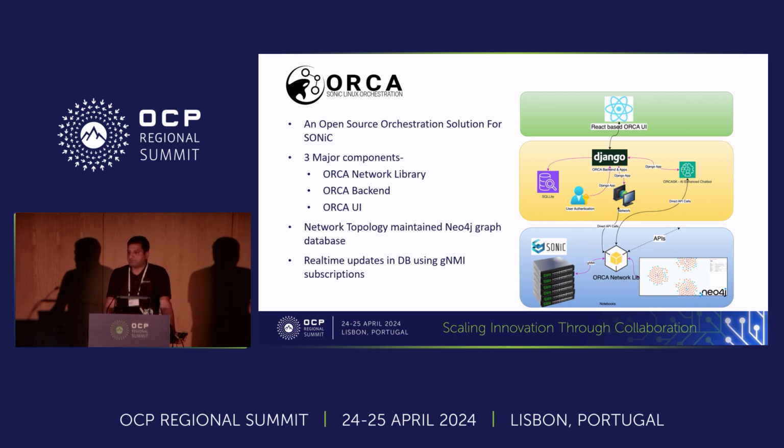So we are subscribing to certain OpenConfig paths, and depending on the type of subscription you have chosen, if it is on-change, for example, if an interface is up or down, it makes sense to make a subscription with a type of on-change. So whenever it goes down, you are interested to get a notification. Such subscriptions ORCA Network Library makes, and it helps to maintain a real-time database.